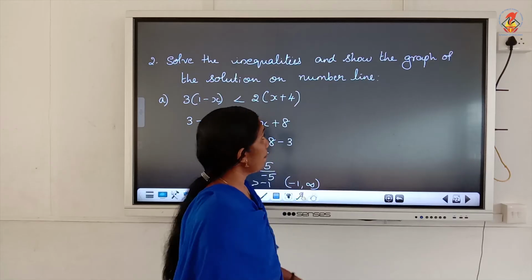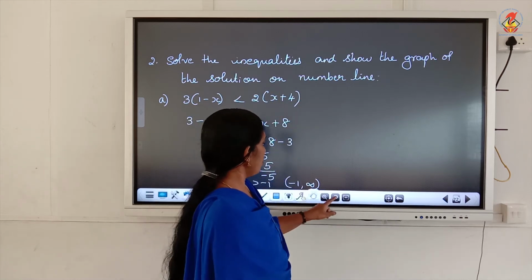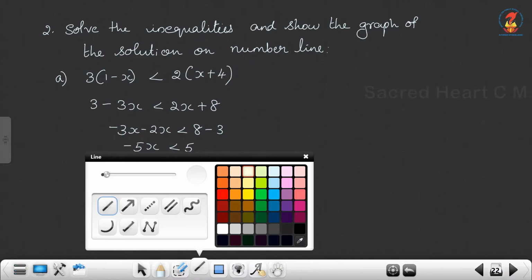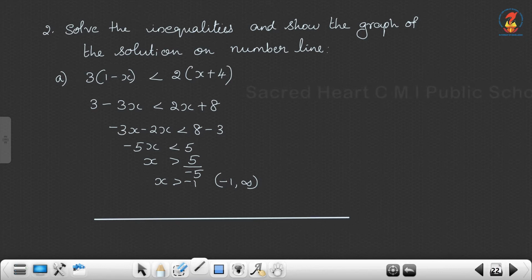Now we have to represent the solution on the number line. So draw the number line. It's −2, −1, 0, 1, 2, 3.